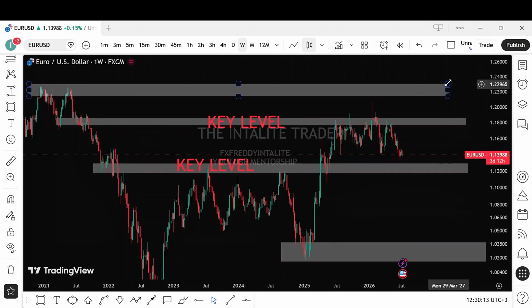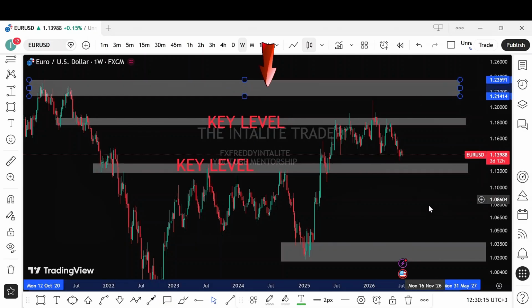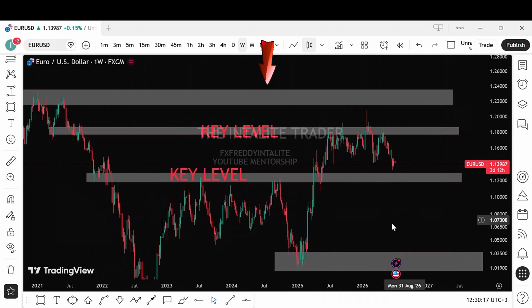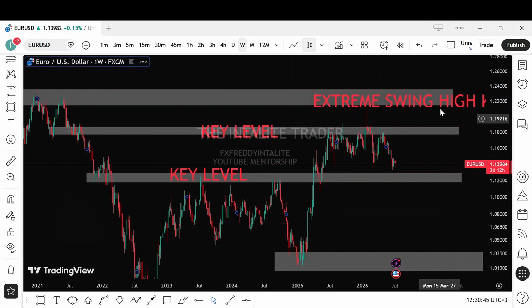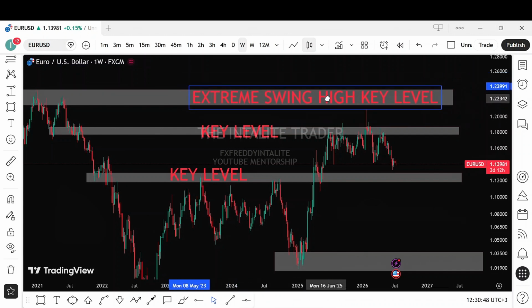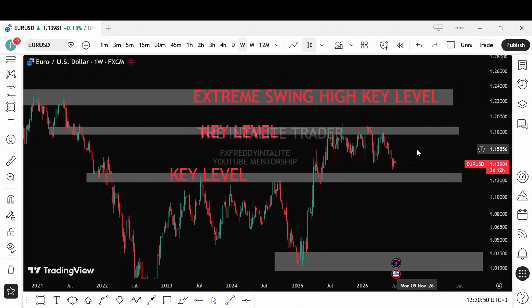So this upper one is what we call an extreme swing high level. This is the extreme swing high key level. So this is our extreme swing high key level. We have it marked like this.